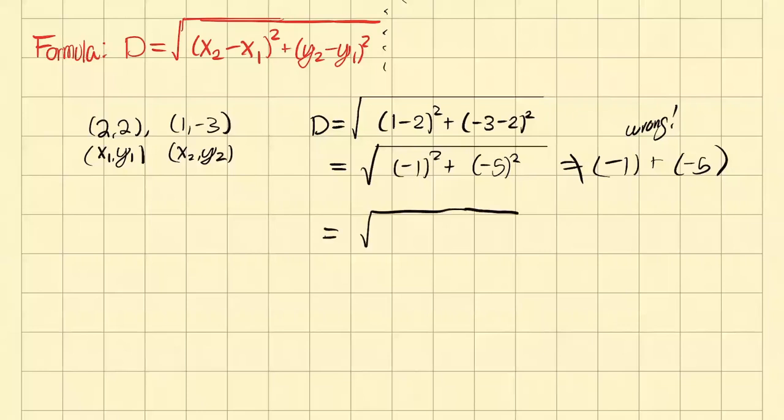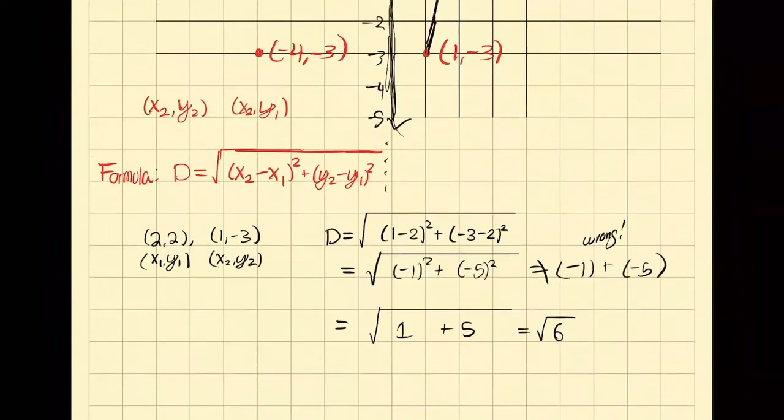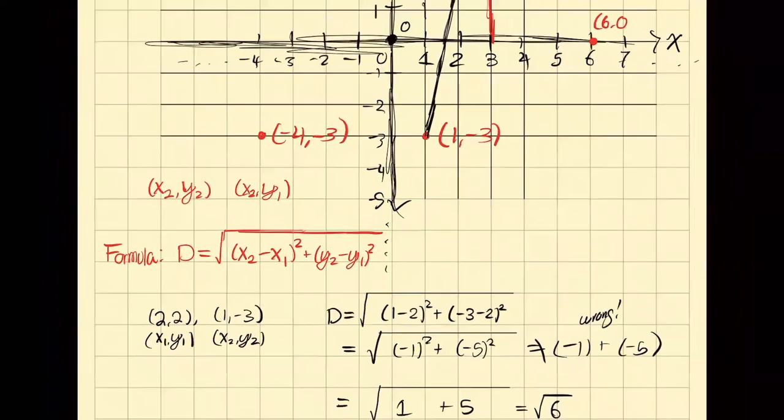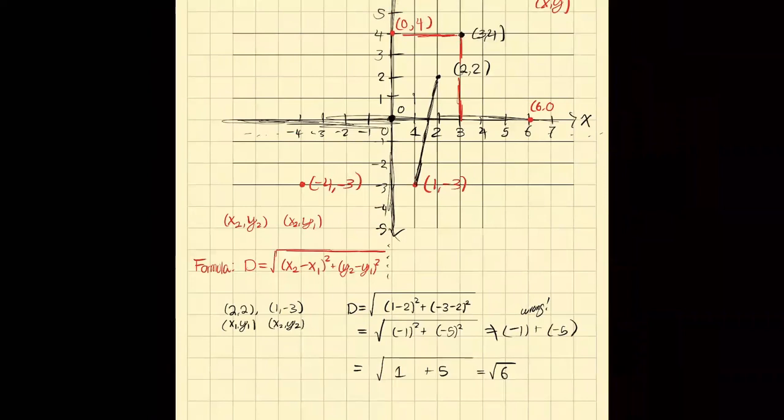Minus 1 squared is going to be positive 1. Minus 5 squared is going to be positive 5. So this is root 6, and you're done. So the distance between this point and this point is root 6.